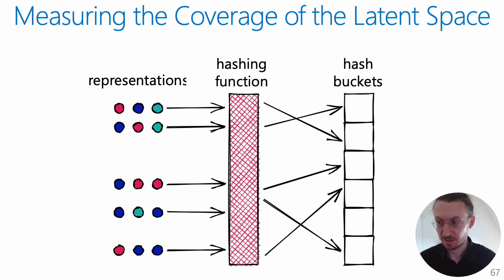Then, as in standard hashing algorithms, these hashed representations are mapped into hash buckets. Standard cryptographic hash functions are characterized by high dispersion such that hash collisions are minimized. In contrast, LSH hashes similar data points into the same or proximal hash buckets, which is the property that we desire for measuring the representation space coverage.